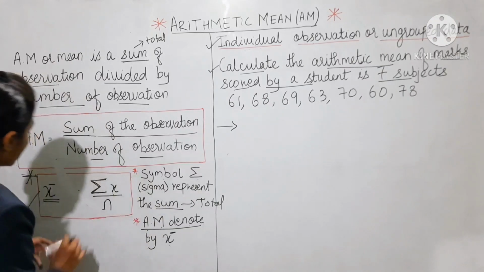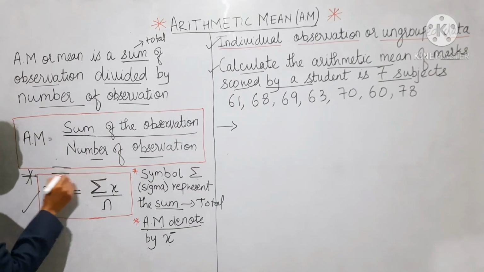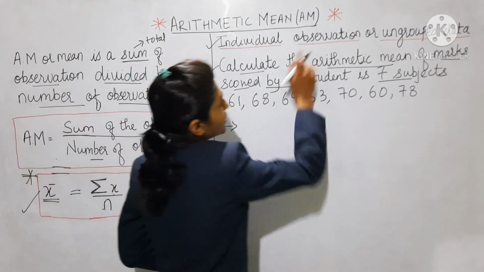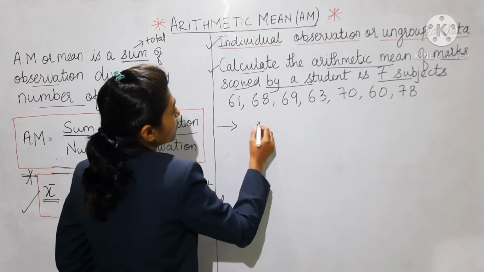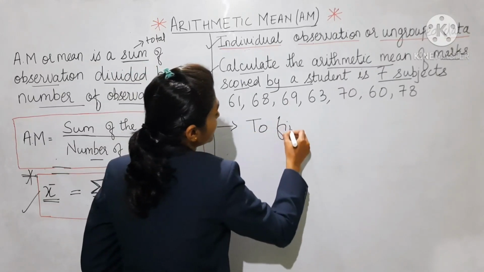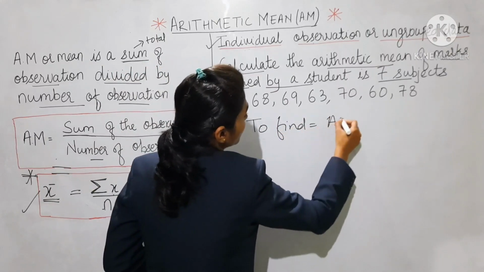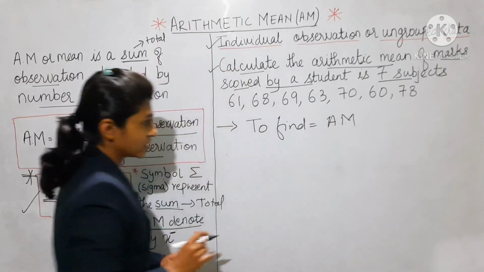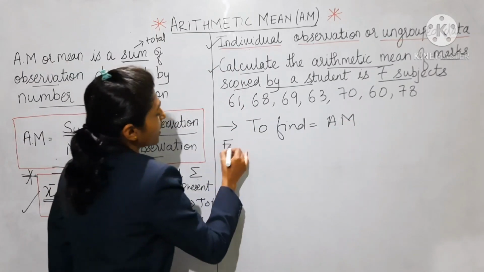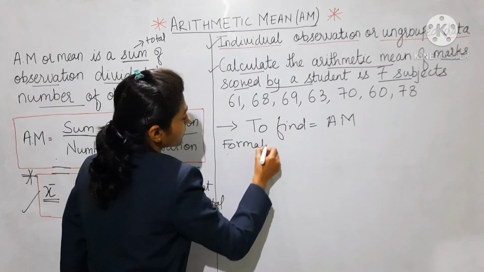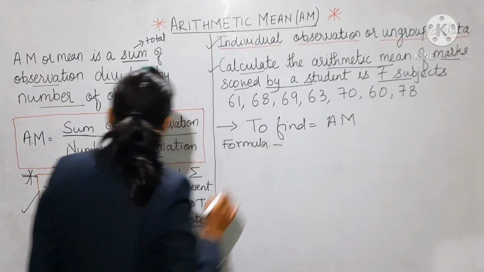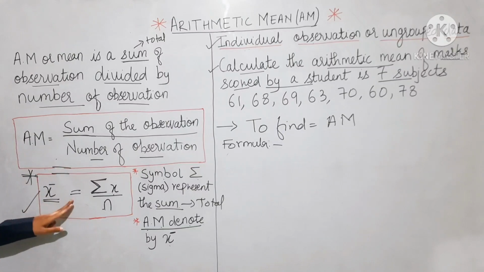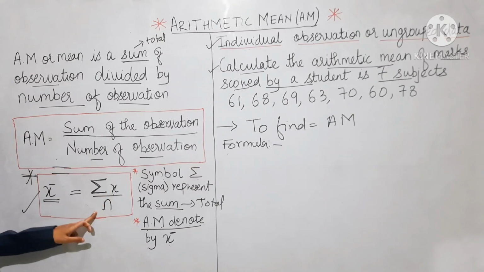So first, what we have to find in the solution is arithmetic mean. What is the formula? x bar is equal to sigma x, the summation of x, divided by n.